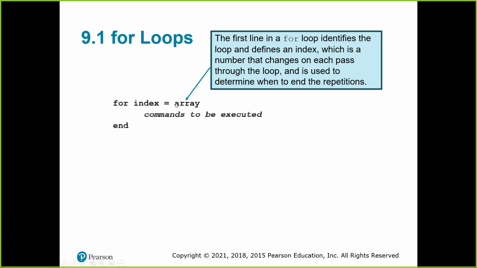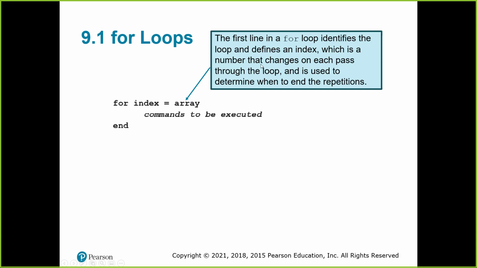The way the for loop works is it looks at this array, and for every value in the array, like if this is 1, 2, 3, 4, the first time through the loop it would be 1, then the second time through the index would be 2, and so forth until it reaches every value in that array. And then it executes these commands, and once it gets to the last value, it's done. It exits the loop and continues on with your code.